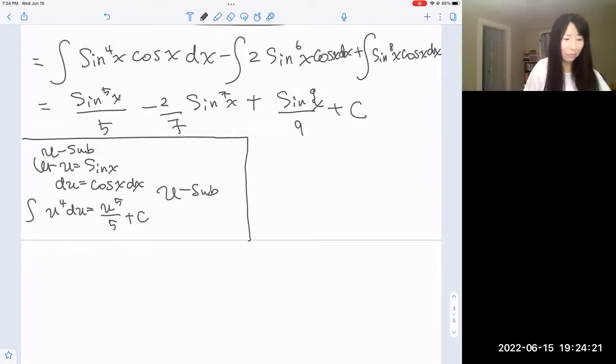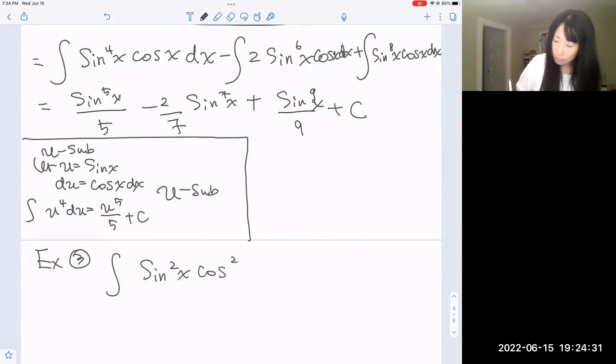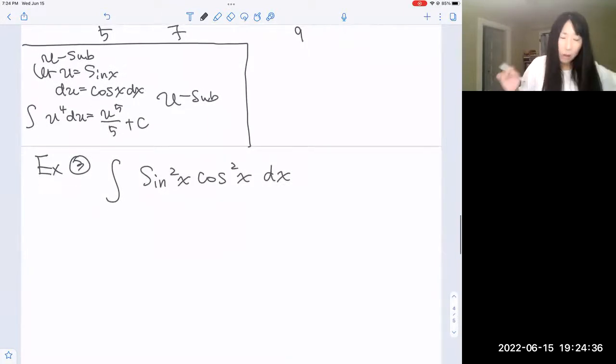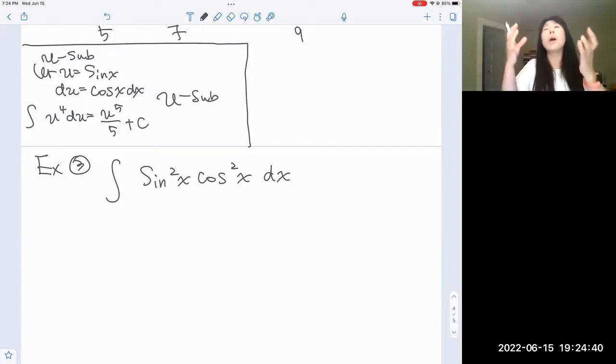Now, what if we have even powers? So look. This is an even power for the sine, and also an even power for the cosine.